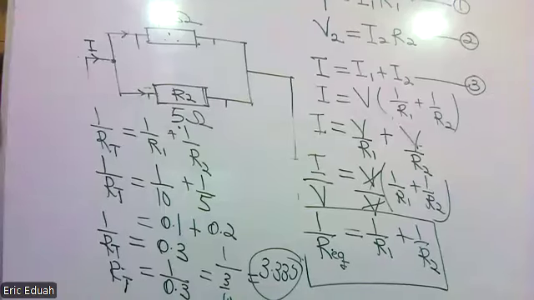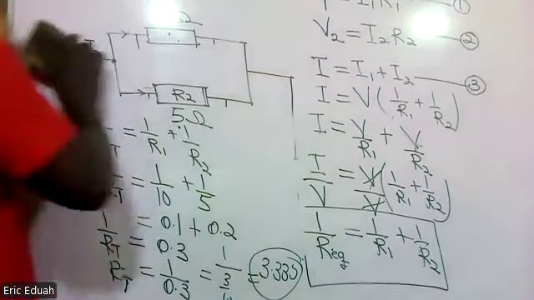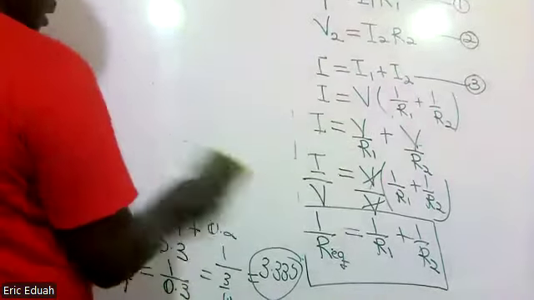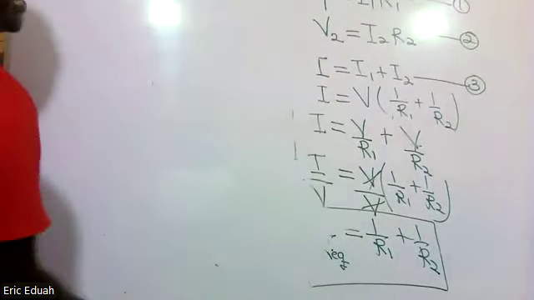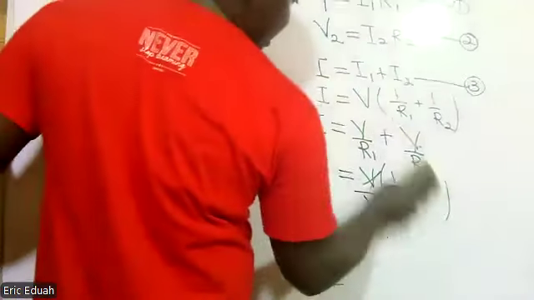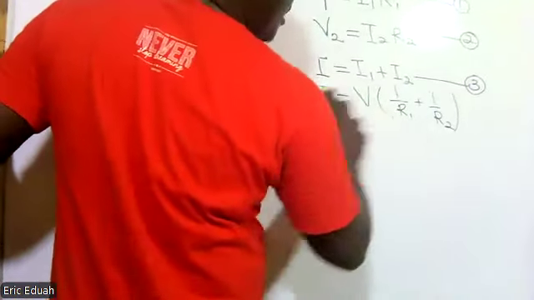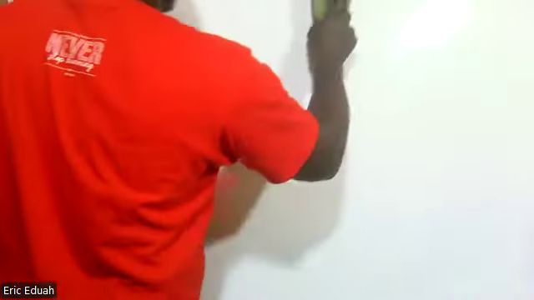Okay. Now, advantages and disadvantages of series and parallel connection. When resistors or loads are connected in series, equal current flows through all of them, no matter their individual resistances.